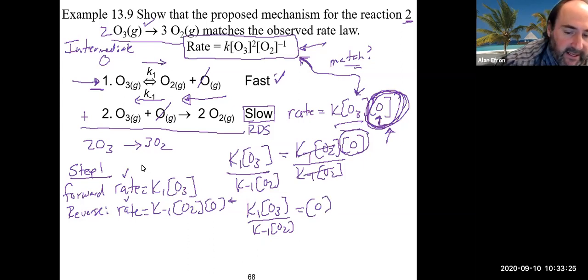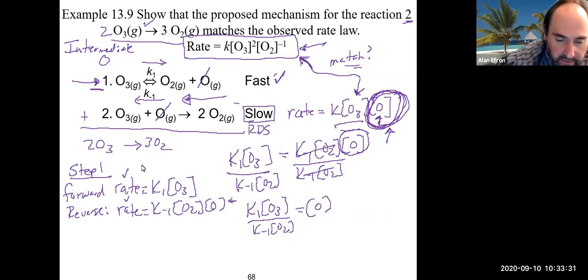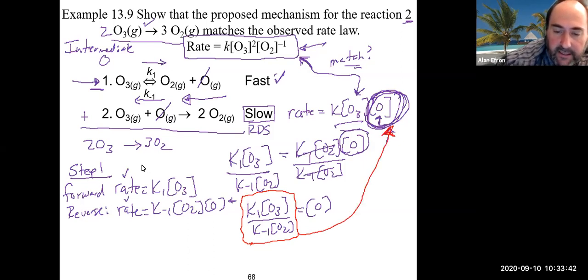And that is what we now want to take and substitute into our original rate law, because what I'm boxing right now equals the concentration of O. We're going to put it into the original rate law that we wrote.